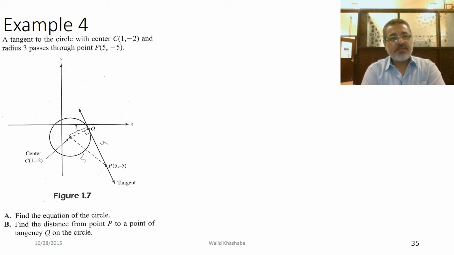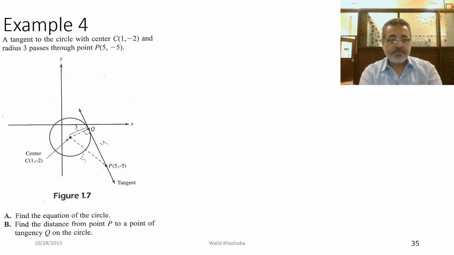Here's the given: a tangent to the circle with center coordinates 1 and -2, and the radius is 3. The tangent passes through the point 5 and -5.